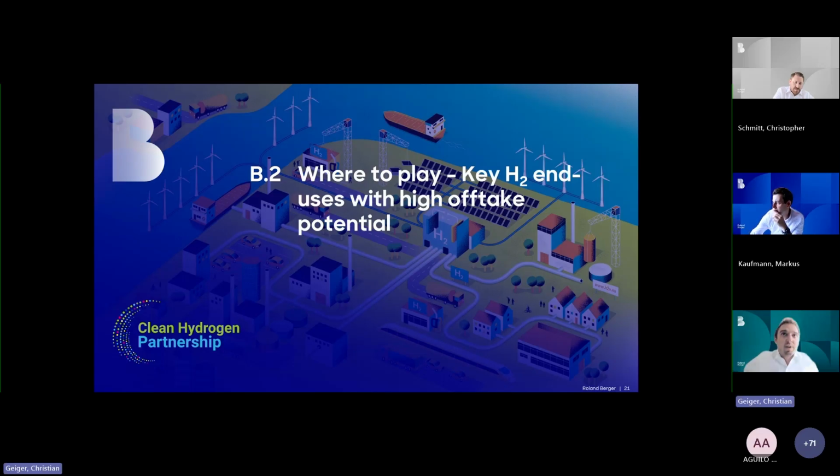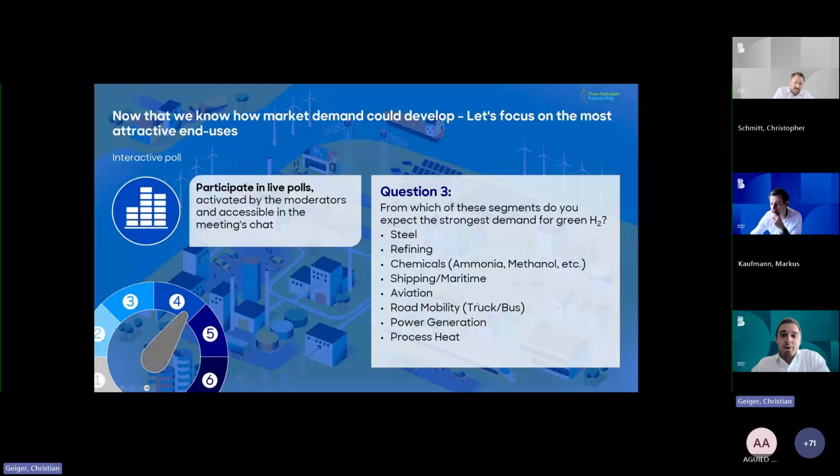Well, thank you very much, Markus. Exactly. But before we go into our contents and our view on willingness to pay and really key end-use segments going forward, we would like to get your view and opinion on the most promising end-use segments where you expect the strongest demand for green H2 over the course of the next years.